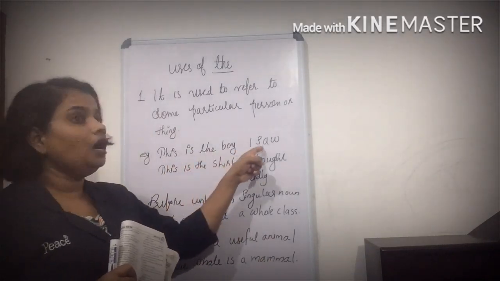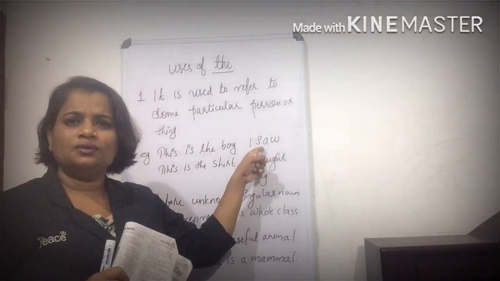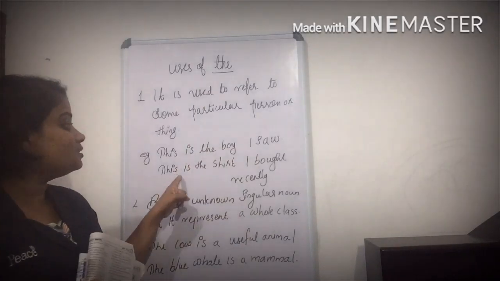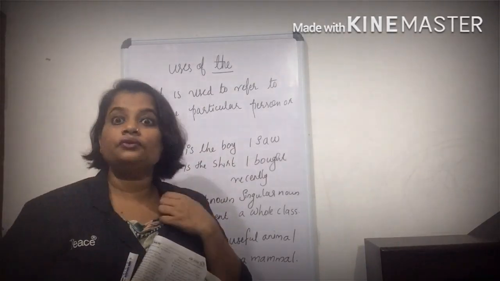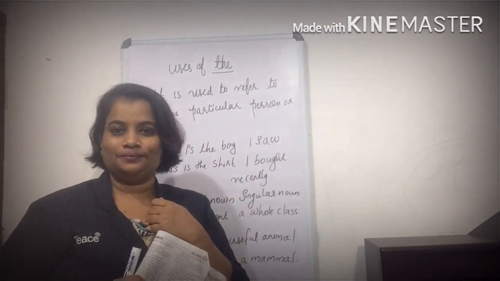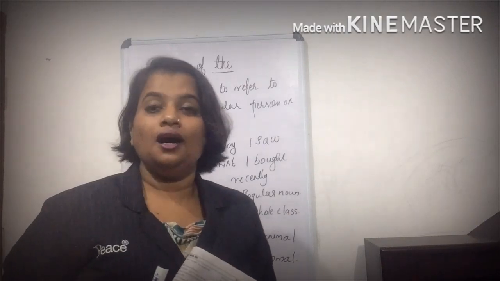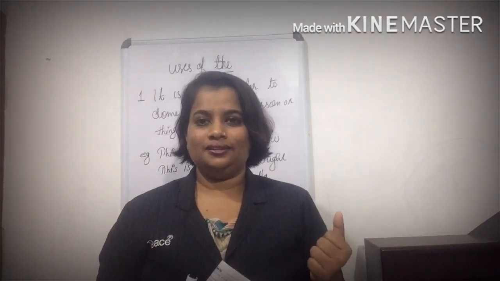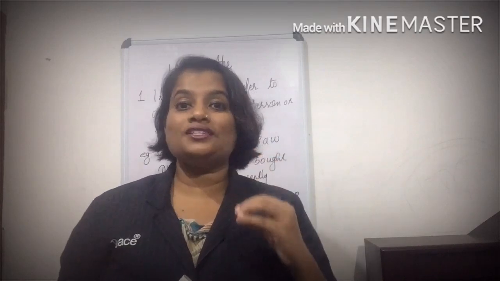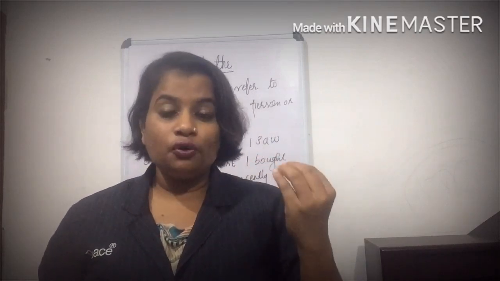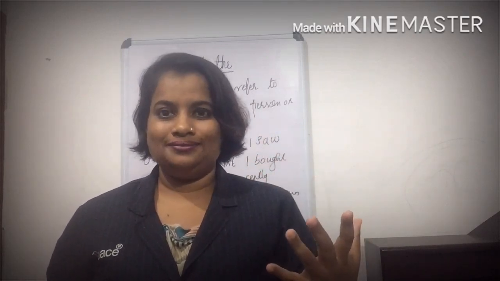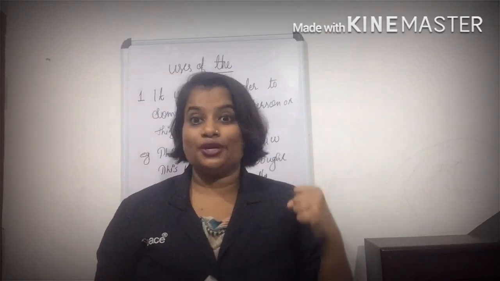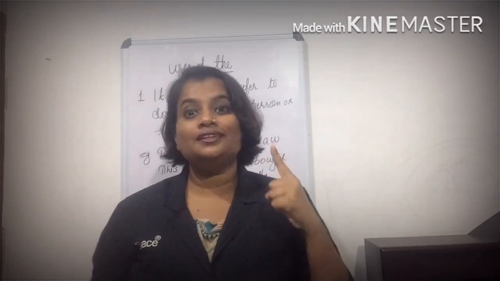This is the boy I saw. This is the shirt I bought recently. This is the chappal I bought yesterday. Because you have specific things to show, in such a case you can use the before the noun.